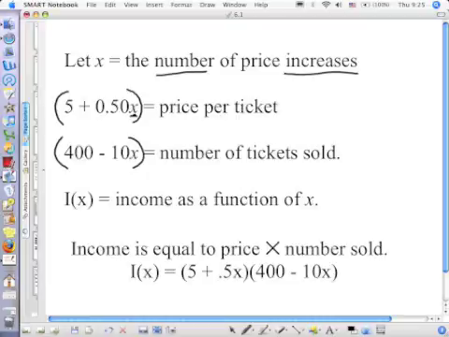Okay. Your income is a function. Your income depends on the number of times you increase that price. Now let's think about this. If you're selling tickets and people are buying them, how do you calculate your income?